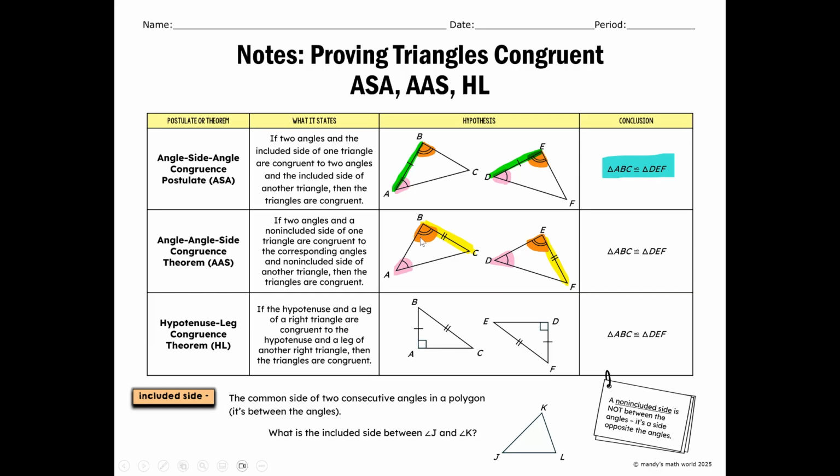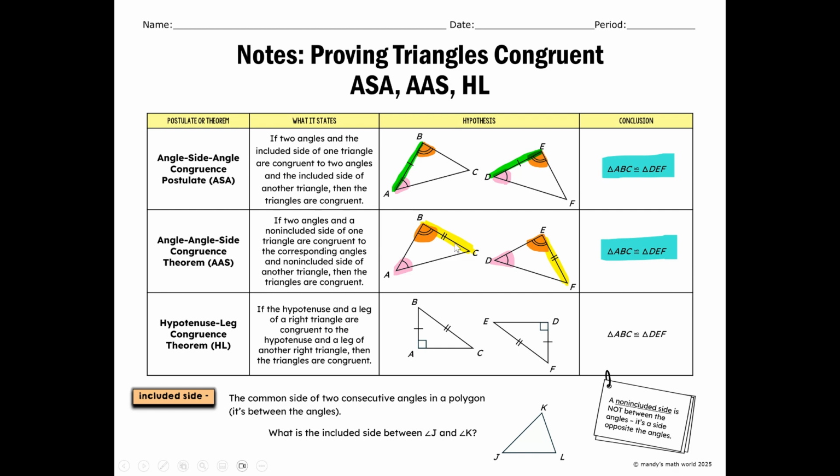So I have two angles and a non-included side. If you can prove that these pairs of angles and this pair of sides are congruent, then you can confirm these triangles are congruent. So that is the angle-angle-side theorem.